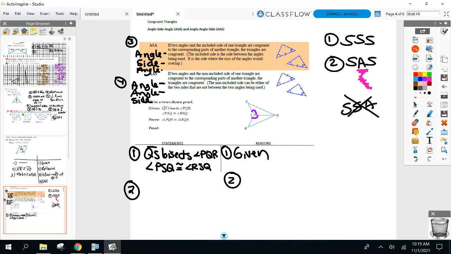Could this be SQ is equal to SQ and then it'd be angle side angle?